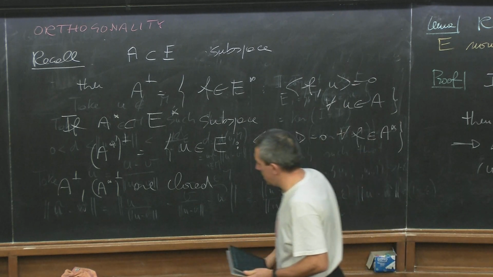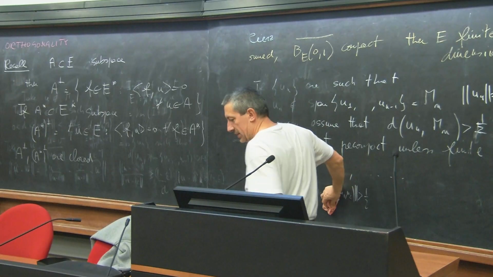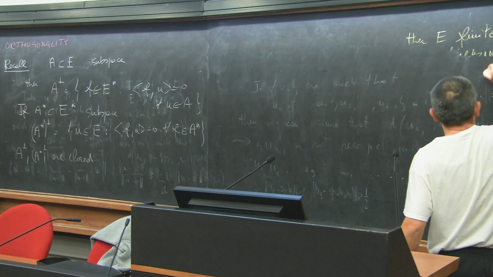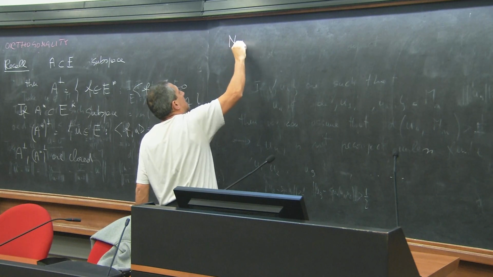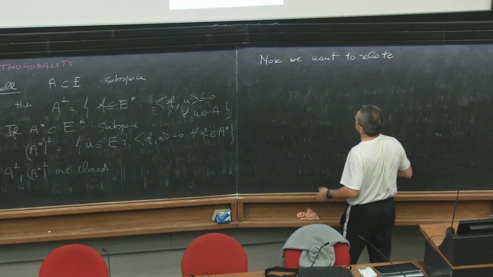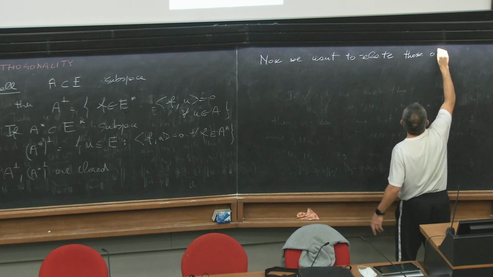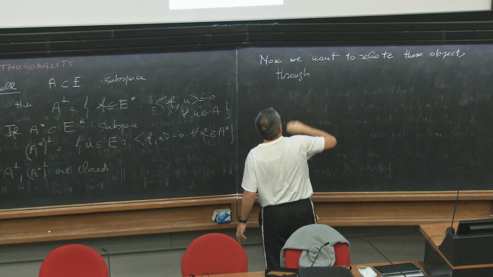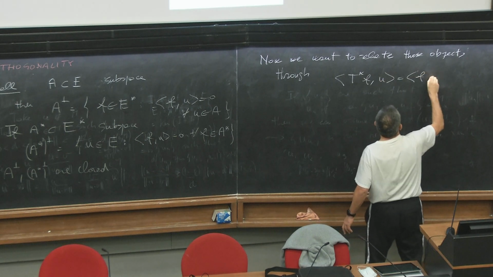Now the aim is to relate some objects through the relation T star F U is equal to F TU.